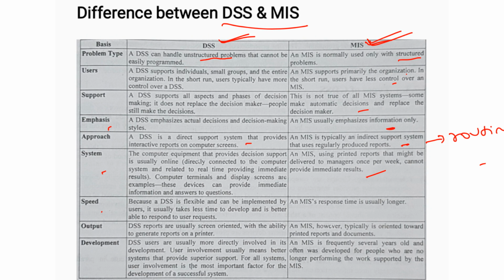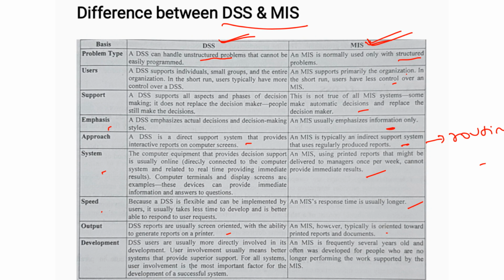Speed: since DSS is flexible, it can be implemented by users. MIS response time is usually longer, it takes more time. Output: DSS reports are usually screen oriented with the ability to generate reports on a printer. MIS, however, is typically oriented towards printed reports and documents.